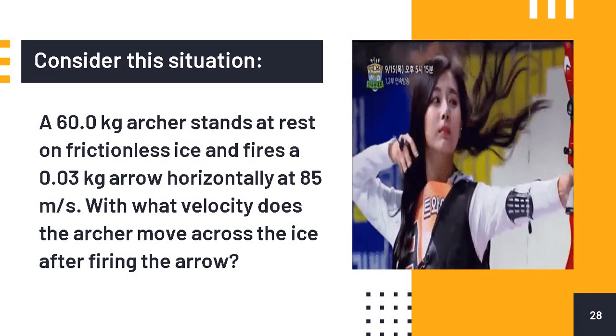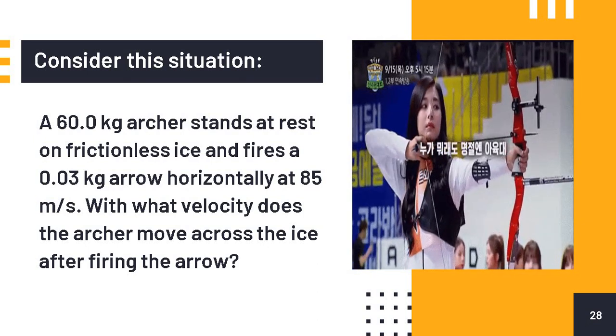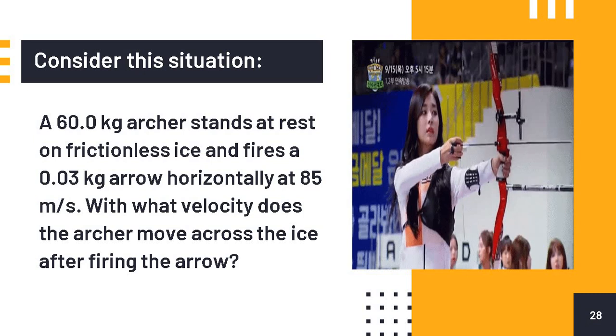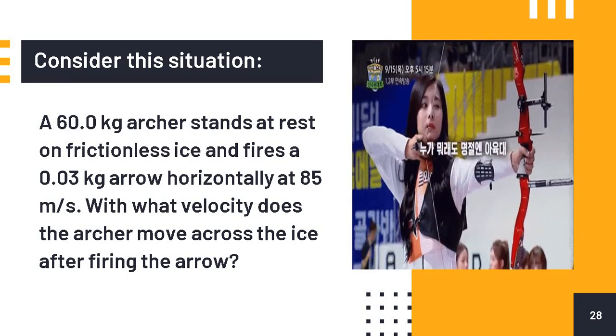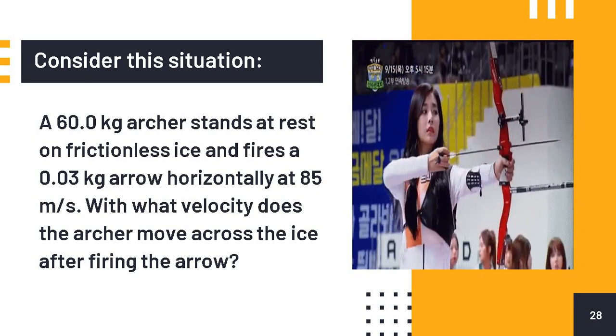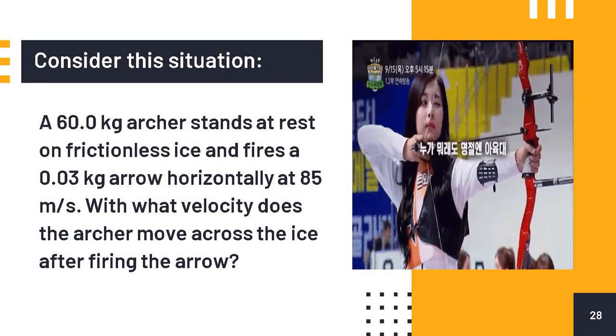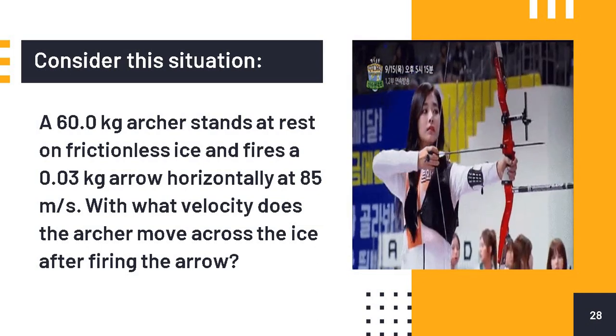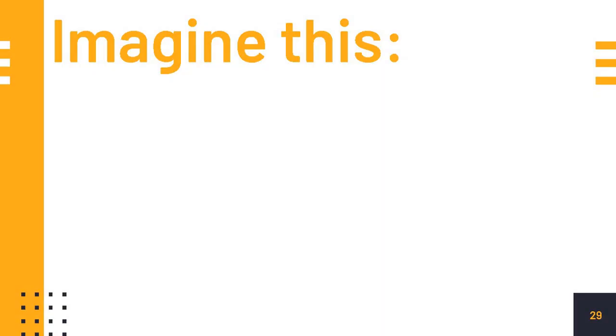we definitely need to understand the concept of momentum, because only momentum could answer these types of problems, which again involve the mass and velocity of two particles. Now, in order to better understand the concept of linear momentum, let's imagine this.